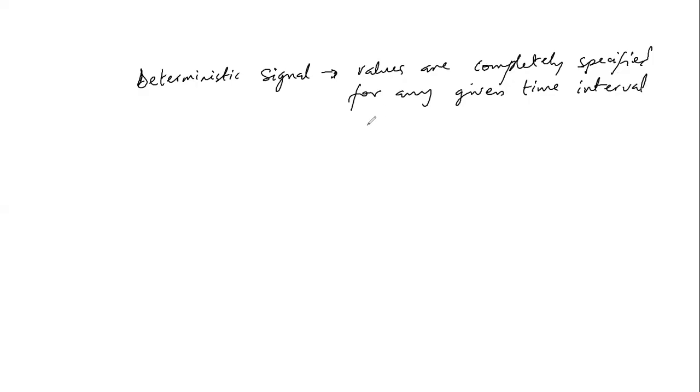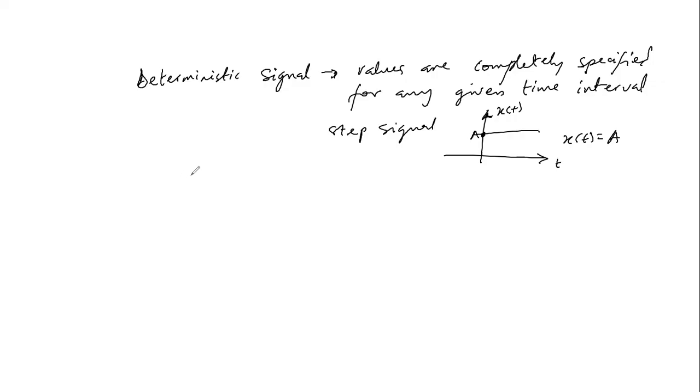So an example is a step signal. So we have a step signal, T, S of t. Then we have the value A. In other words, S of t is the same as A. So since the value can be determined or is explicitly specified, we say it is a deterministic signal.